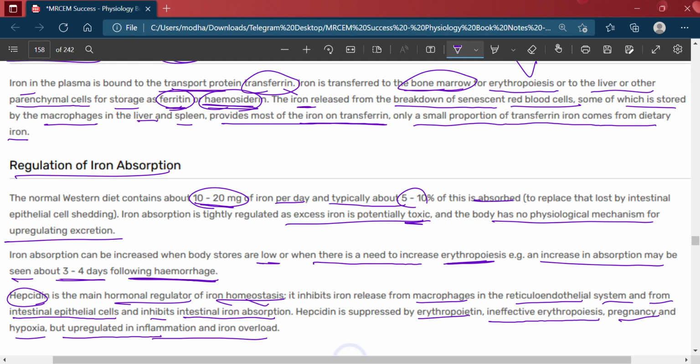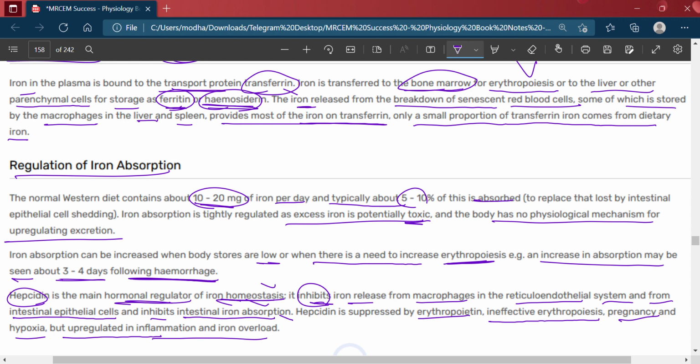Hepcidin is the main hormonal regulator of iron homeostasis. It inhibits the release of iron from the macrophages in the reticuloendothelial system and from the intestinal epithelial cells, and inhibits intestinal iron absorption.